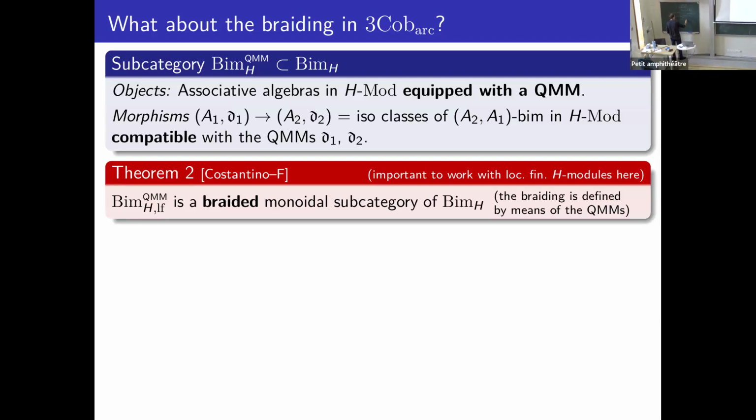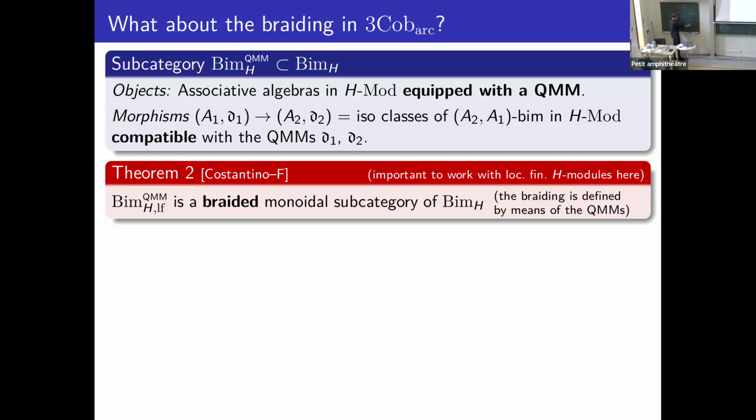Look at this: the internal End object, which is V tensor V dual. This is an algebra in the category, and you have a QMM for this. So the coend as a vector space is H star. Assume H is finite dimensional.